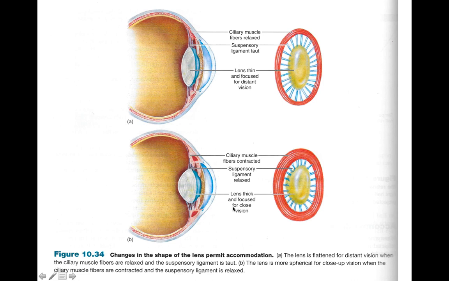And one of the reasons that people over 45 have trouble seeing close is that the lens loses its flexibility. So when your ciliary muscles relax, the lens doesn't really do a good job of regaining the more round conformation.